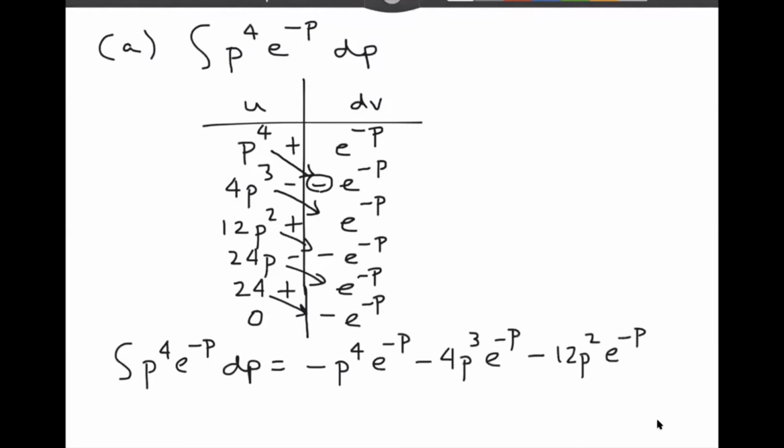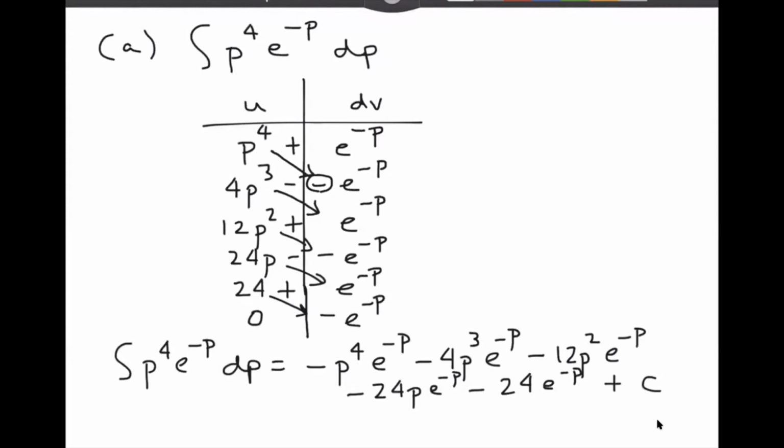Not even going to get it all on one line, minus 24p e to the negative p minus 24 e to the negative p plus c. That's it. Isn't that simple?